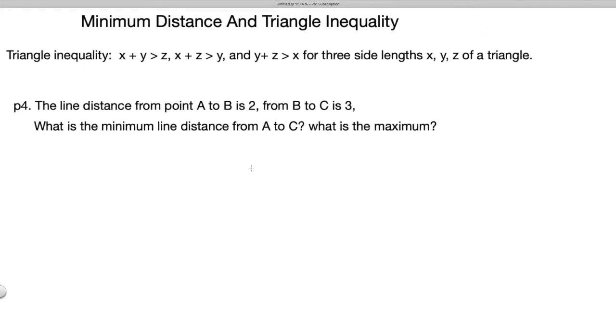Let's look at another example. The line distance from point A to B is 2, from B to C is 3. What is the minimum line distance from A to C? What is the maximum? If we draw this out, you will see that it is very similar to the last question.